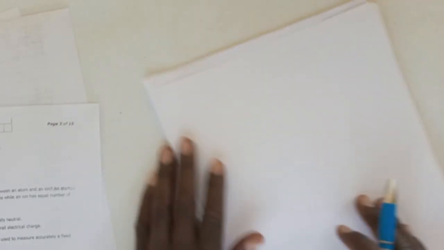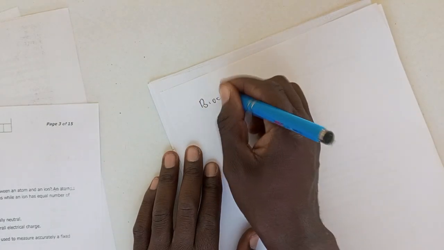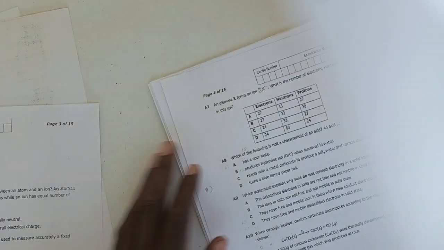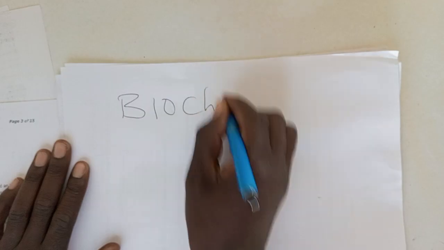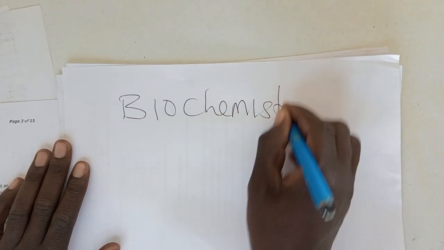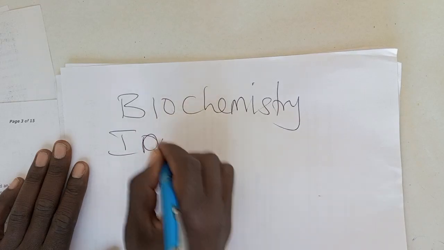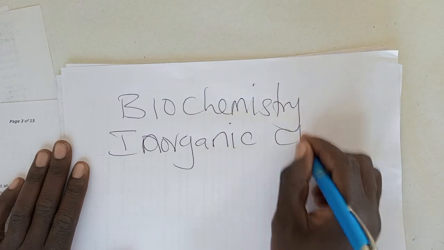Now, in your syllabus, you have 5 branches of chemistry, and these are biochemistry. Okay, let me just increase the font. The first one is biochemistry, inorganic chemistry.